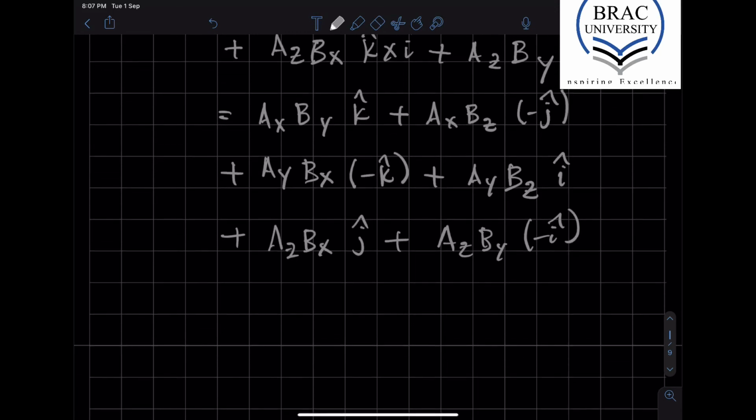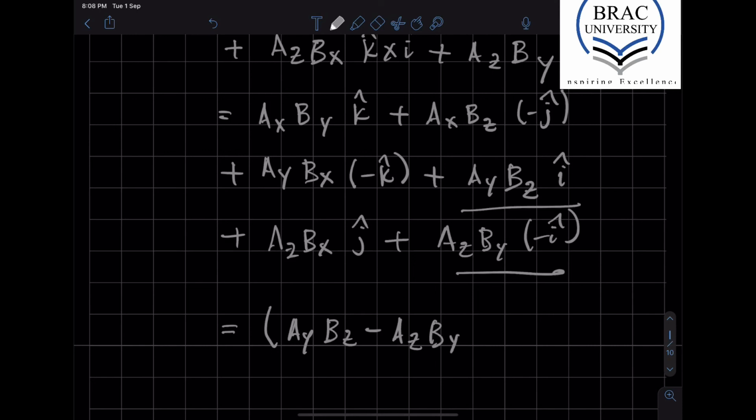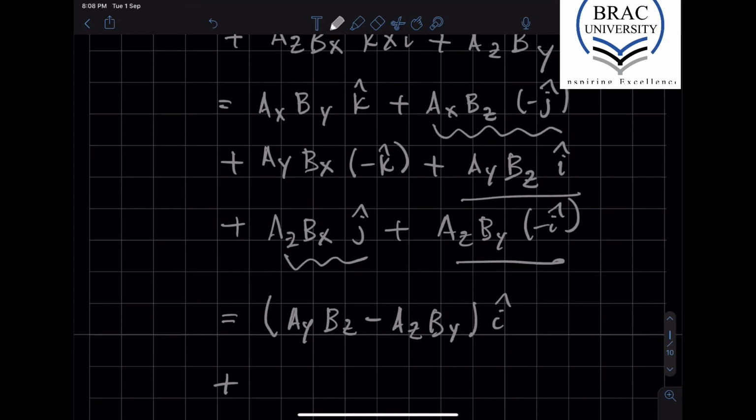We can now rearrange these according to their x, y, and z components. The first term takes the i terms together: (A_y B_z minus A_z B_y) times i. The second term is the j terms: (A_z B_x minus A_x B_z) times j hat.